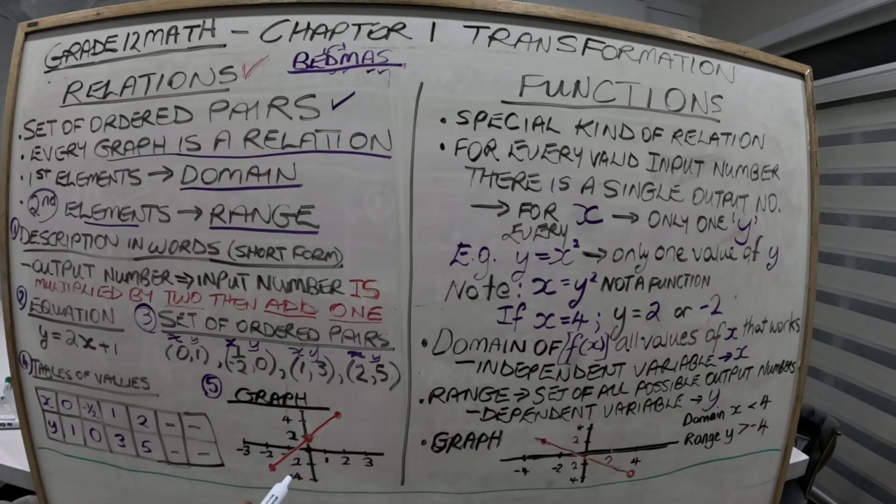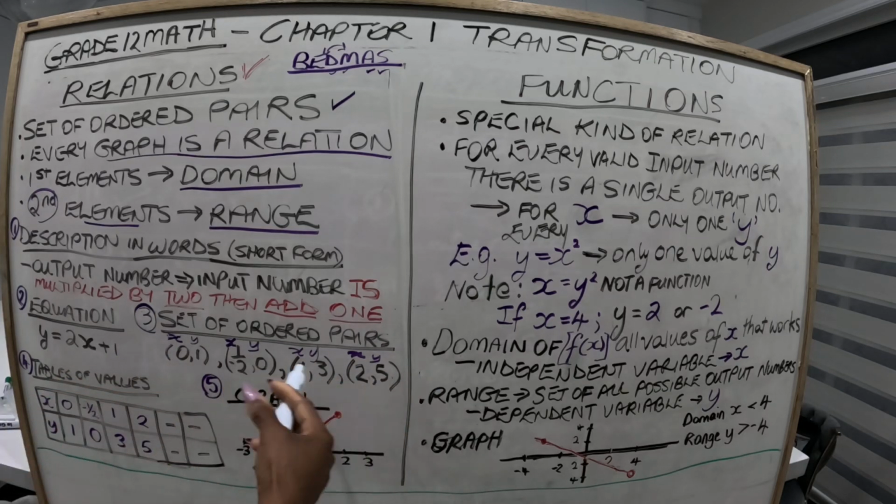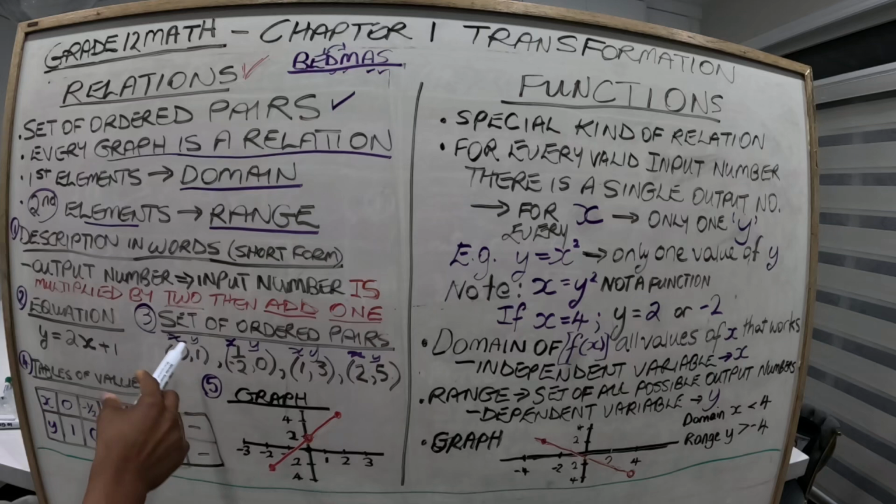In terms of a graph, you can use this information here to plot your graph. You can just simply go to this coordinate, which is also another way of expressing this information. These are coordinates, okay? So 0, 1 can be found when x is 0.